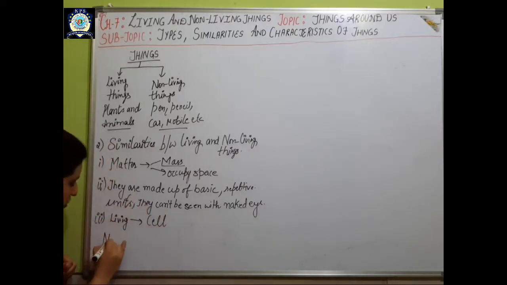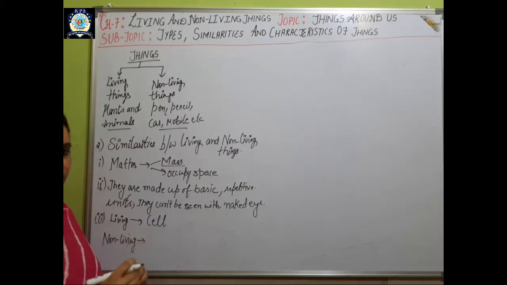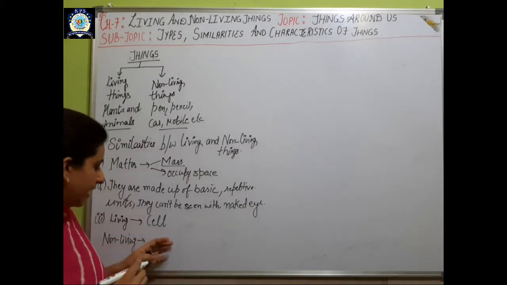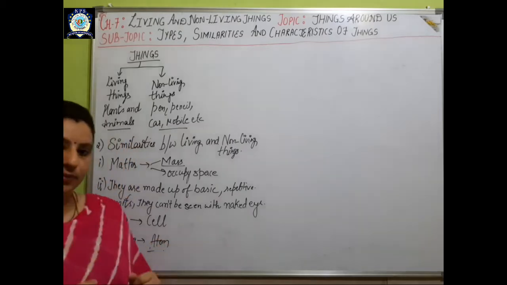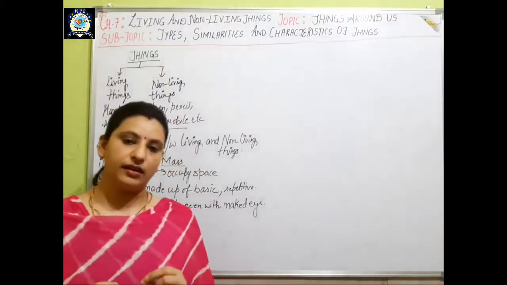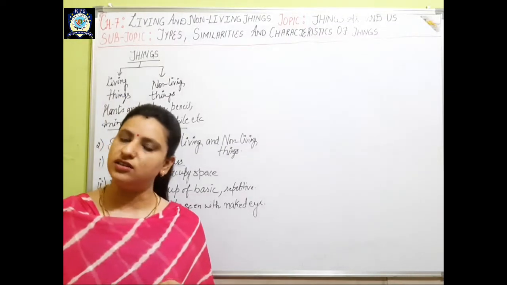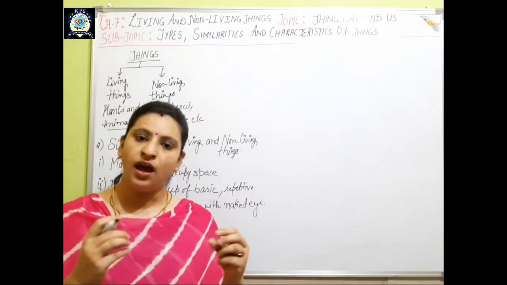And non-living things have a basic structural and functional unit called the atom. In our previous chapter, chapter number 14, electricity and circuits, we learned about the relationship between the atom and cell.